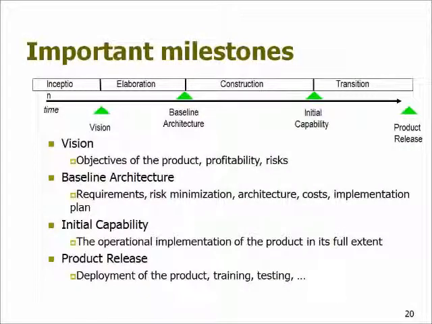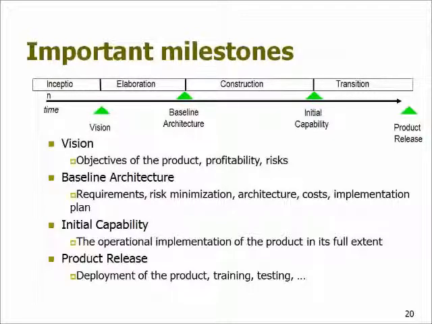So overall, the rational unified process has 4 main milestones. After the inception, there should be objectives for the product, profitability, risks, requirements. Would it be commercially feasible to produce this software?